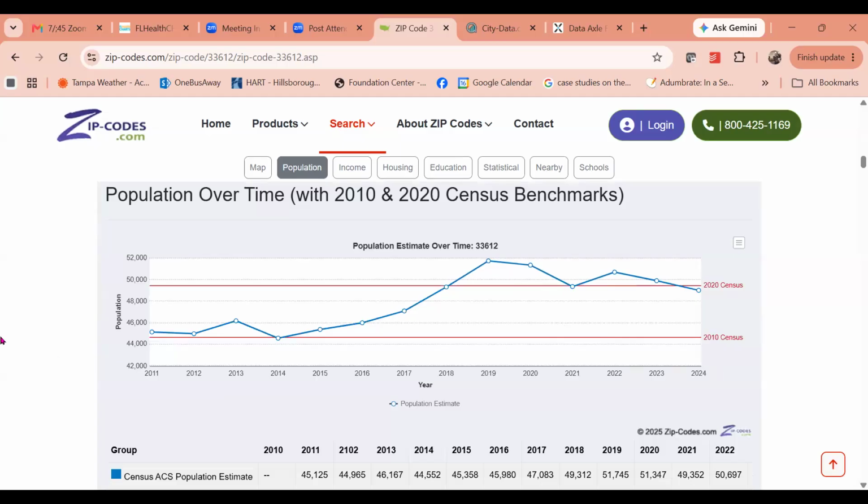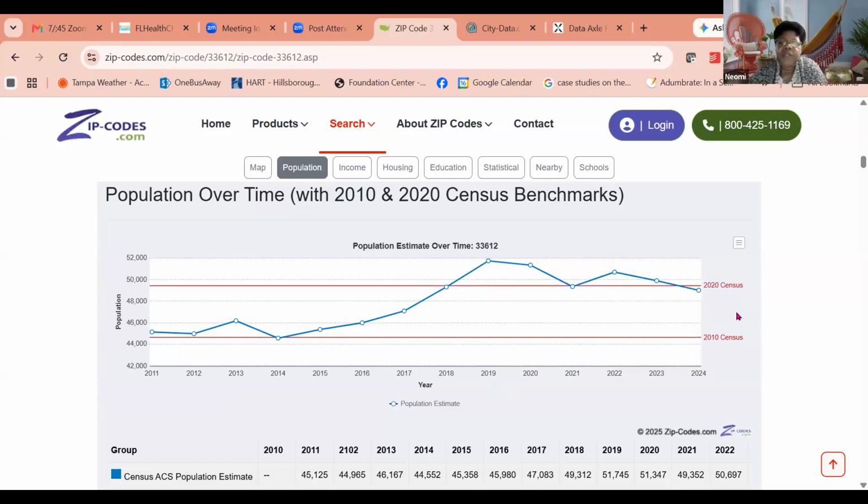Now we can break down the population over time, from 2012 up to 2024. In 2019, most people moved into your neighborhood, and then it started to go down. It went back up again in 2022, and now it's heading downward.